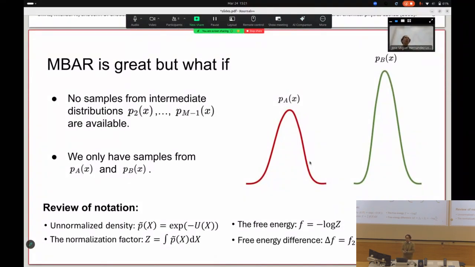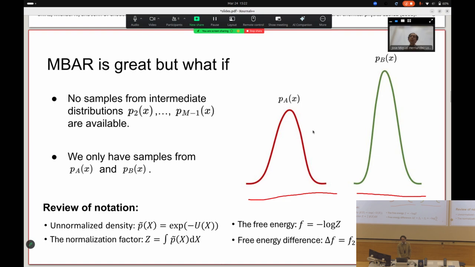That's great. But you need to draw samples from the intermediate distributions. And maybe you don't have those samples from intermediate distributions. Or maybe it's expensive to generate those samples. Maybe evaluating the energies could be actually quite expensive. And you could imagine that you have now the two distributions for state A, for state B. You may have samples from those, but you don't have samples from intermediate distributions.